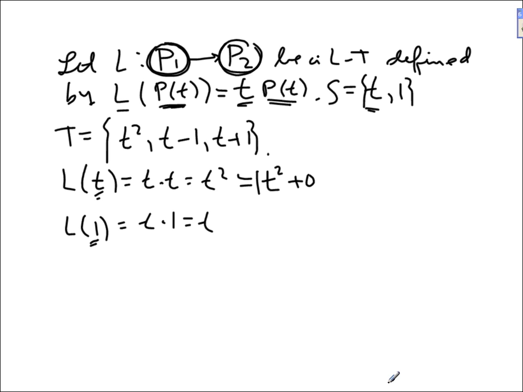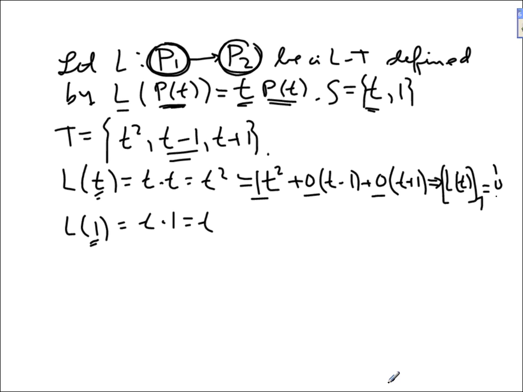That is plus 0 times t minus 1 plus 0 times t plus 1. Well, this tells me that the coordinates of L of t with respect to T is 1, 0, 0.